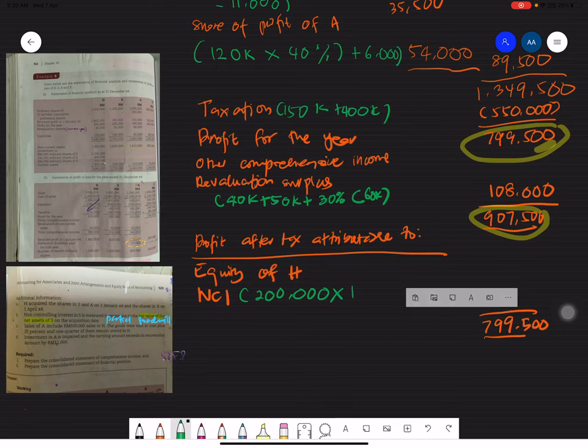Because H owns 90%, so non-controlling interest owns 10%. So you have 20,000. So the balance is owned by the equity holders of H. So just take the balancing figure.